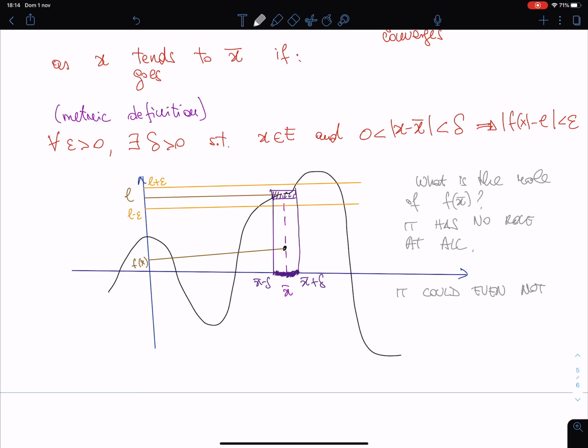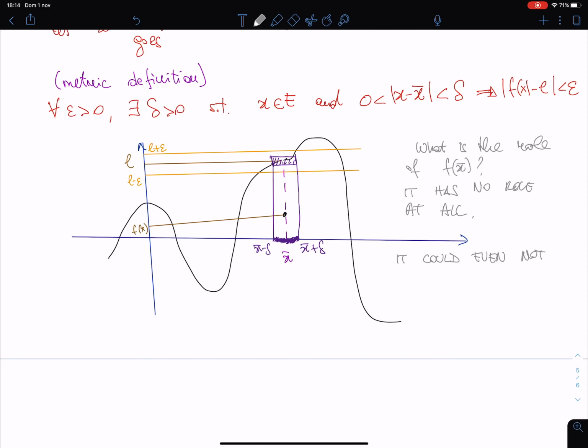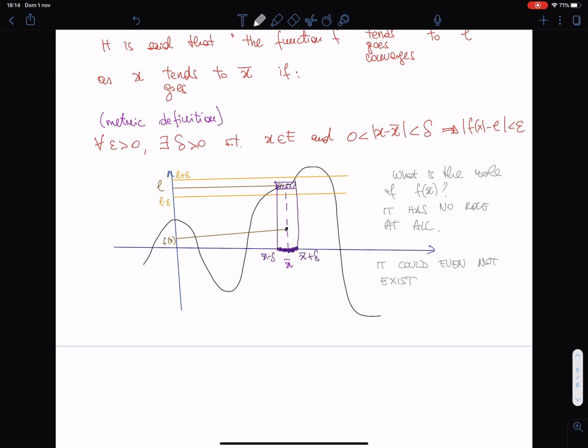And now I discovered it goes to the rubber by itself. Haha, it's not a mistake of mine. So it could even not exist. F of x bar never enters in the definition of limit. Okay? So it has completely no role.